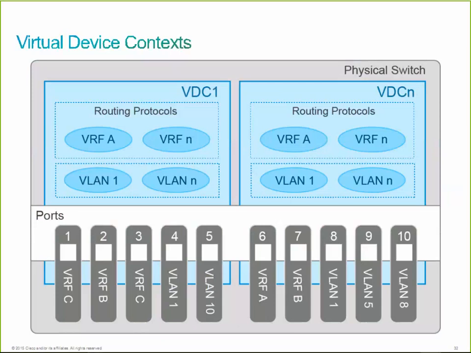All right. So it's going to have its own unique independent set of VLANs. You're going to have your own unique independent set of VRFs. Physical ports can be assigned to a specific VDC, so you can tie physical interfaces to the, I mean, obviously you're going to have some physical connectivity at some point, right?